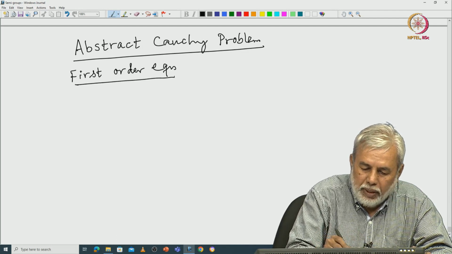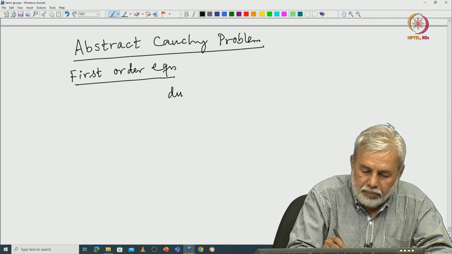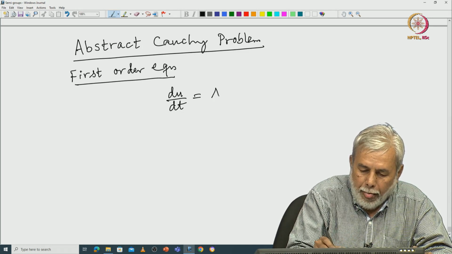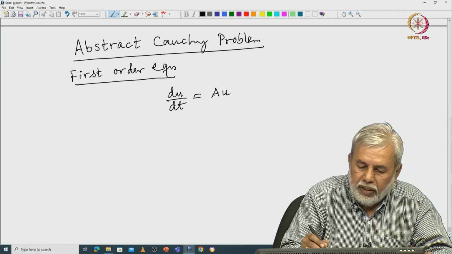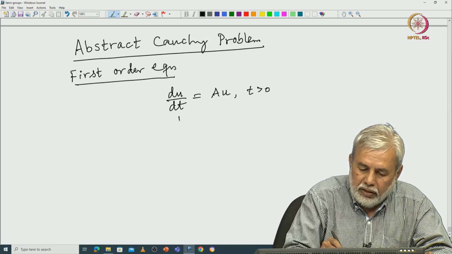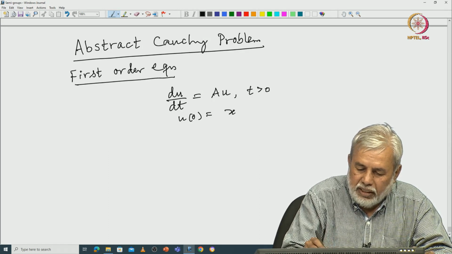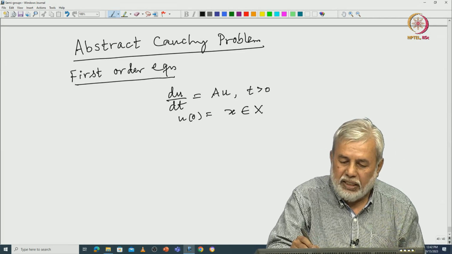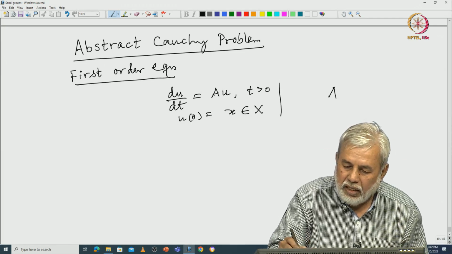So du/dt = Au, for t positive, and some u0 in X. X is a Banach space. So this is our abstract Cauchy problem.